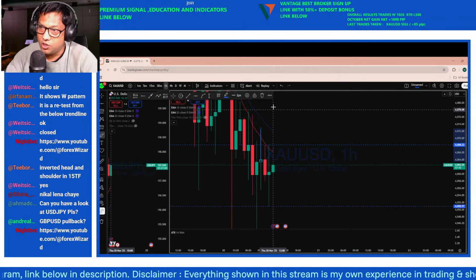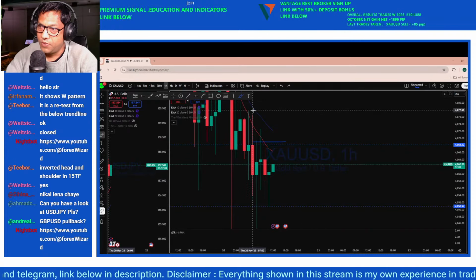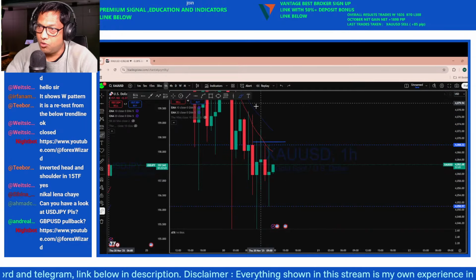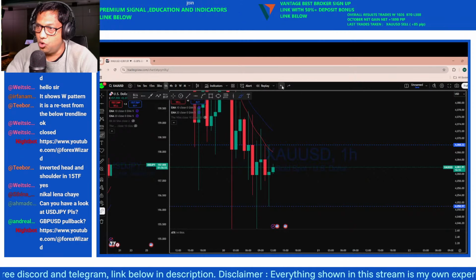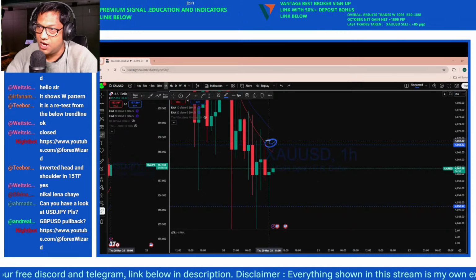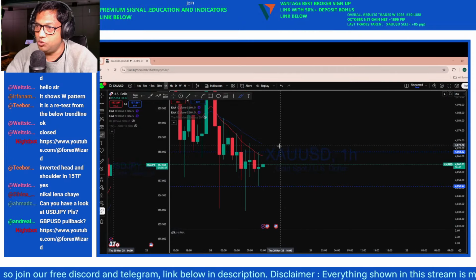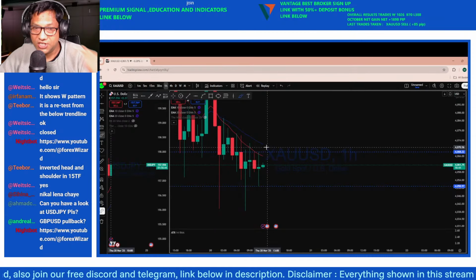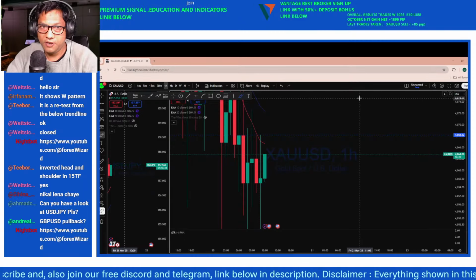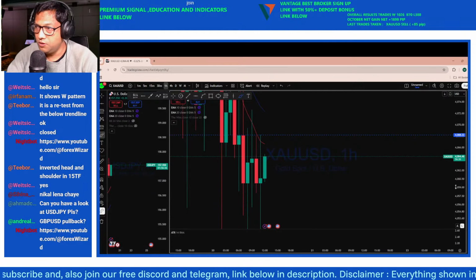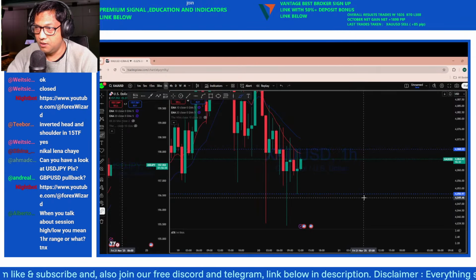If you look at this 1 hour doji, it also crossed the previous one's high and then closed back below. If you look at this one, the same way, it crossed the previous one's high and closed back below with a narrow candlestick pattern. Now this one also crossed the previous one's high and closed back below as a doji. So if you look at the highs of those candlestick patterns, we see that the market is getting rejection from the higher price, and potentially it could break below.